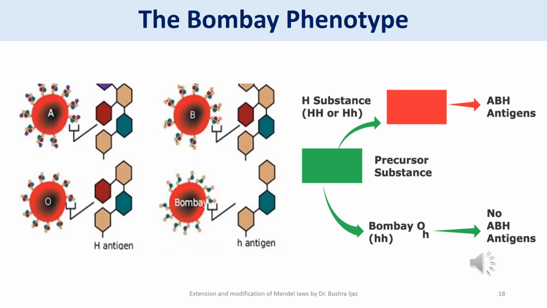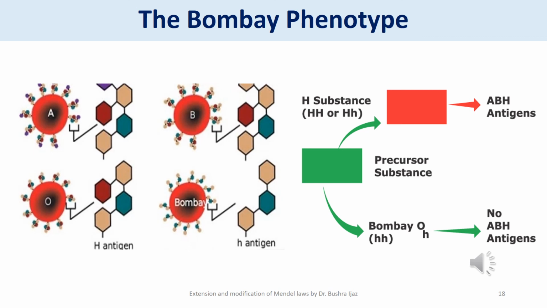If the individual is AB, then both N-acetylglucosamine and galactose may be present on the H substance. In the case of O blood type, since both of these units cannot be added to the terminal side of the H group, it is just protruding out without any N-acetylglucosamine or galactose unit.